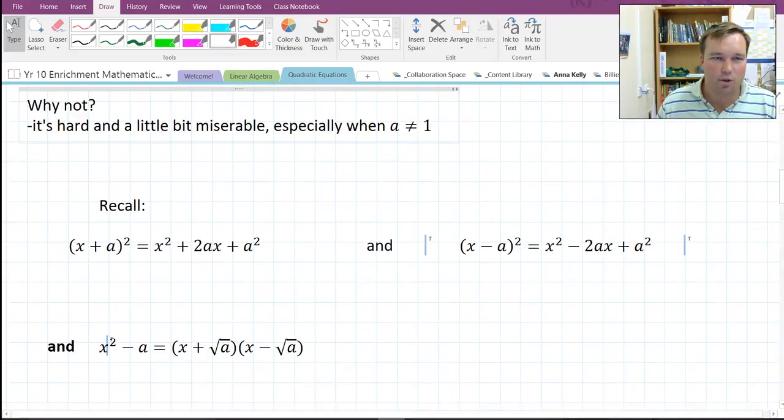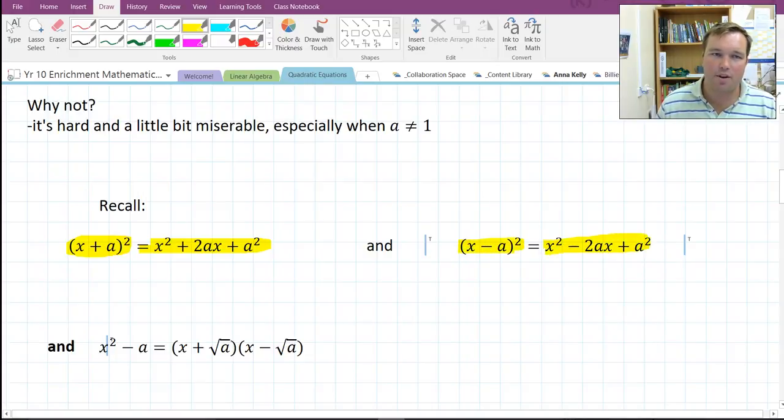Alright, some things to recall before we do start is this factorization, or this expansion. x plus a all squared gives us x squared plus 2ax plus a squared. So that's perfect squares, a perfect squares expansion. And the key here is setting up that 2ax in the middle.